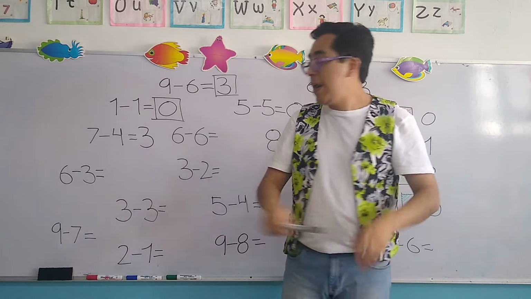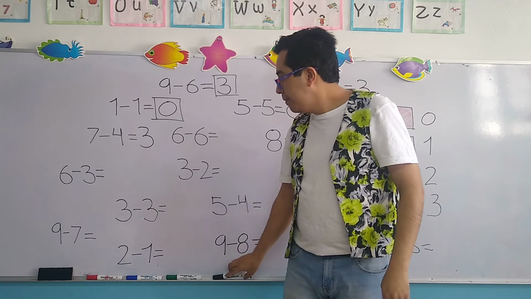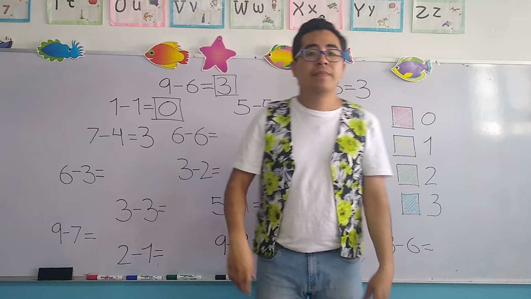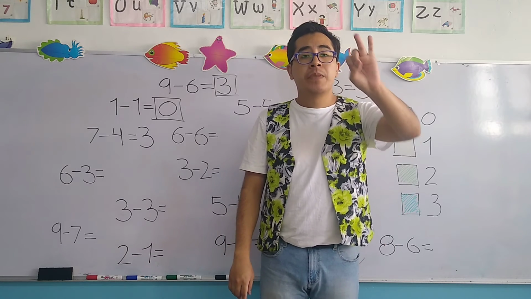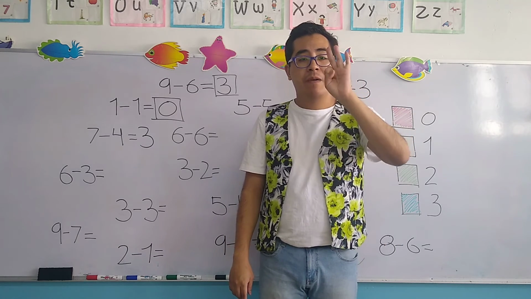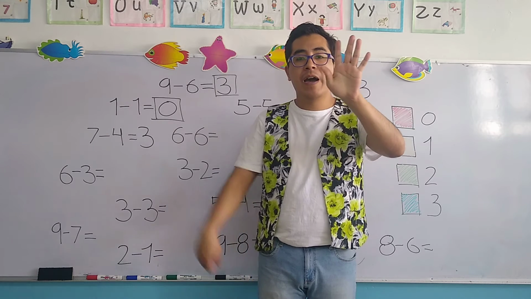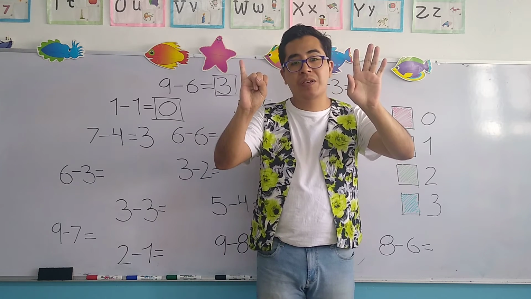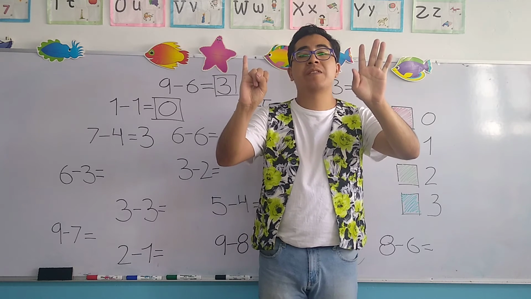Okay? Now, next to al lado. 6 minus 6. 1, 2, 3, 4, 5, 6. Now 6 minus 6. We have to remove 6 fingers.